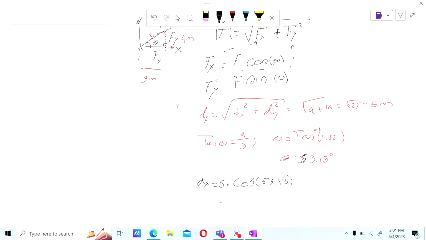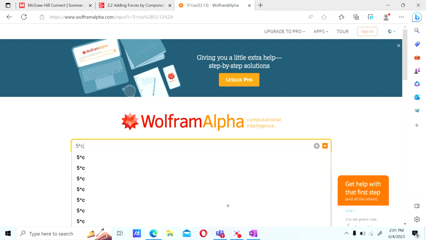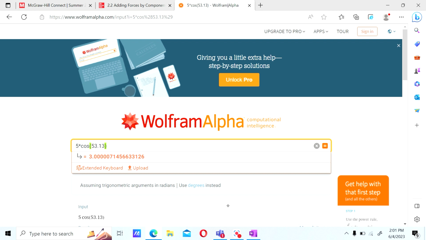So what we do there is go to the calculator: 5 times cosine of 53.13. Okay, so it's 3. There you go. We're correct. The angle is correct.